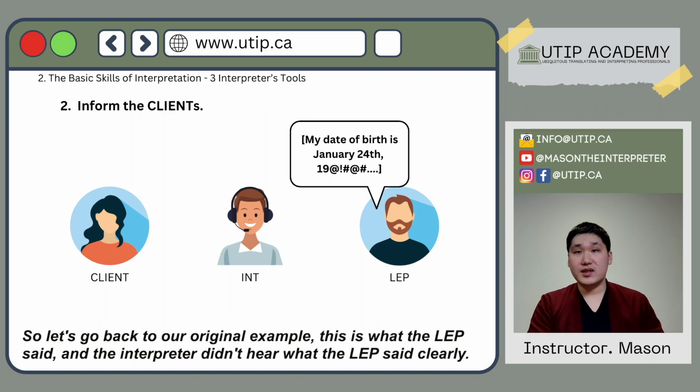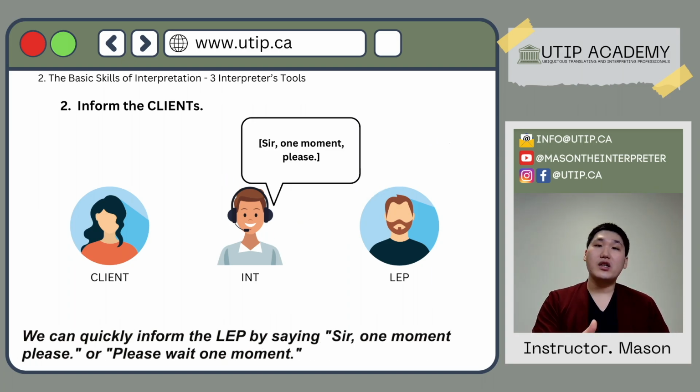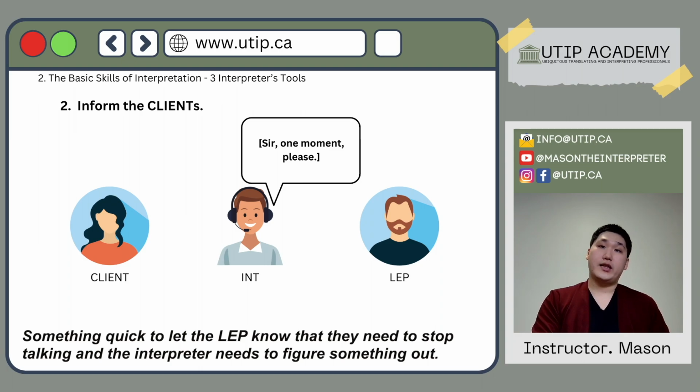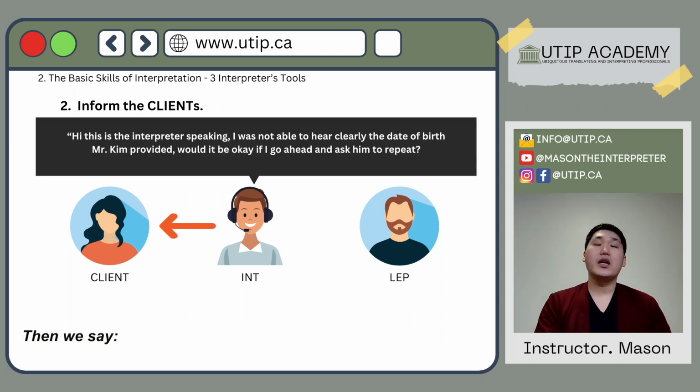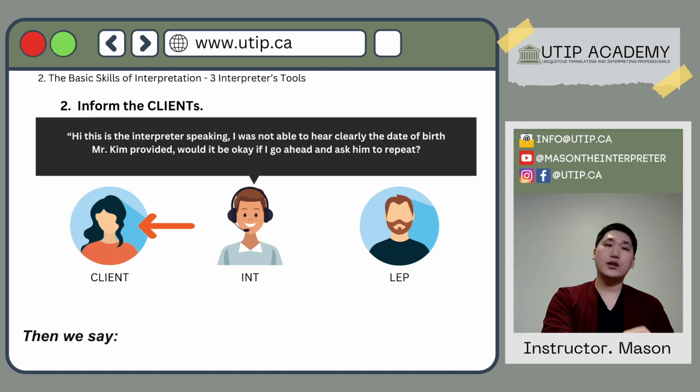This is what the LEP said, and the interpreter didn't hear what the LEP said clearly. We can quickly inform the LEP by saying, sir, one moment, please. Or please wait one moment. Something quick to let the LEP know that they need to stop talking and the interpreter needs to figure something out. Then we say, hi, this is the interpreter. I was not able to hear what Mr. Kim just said.